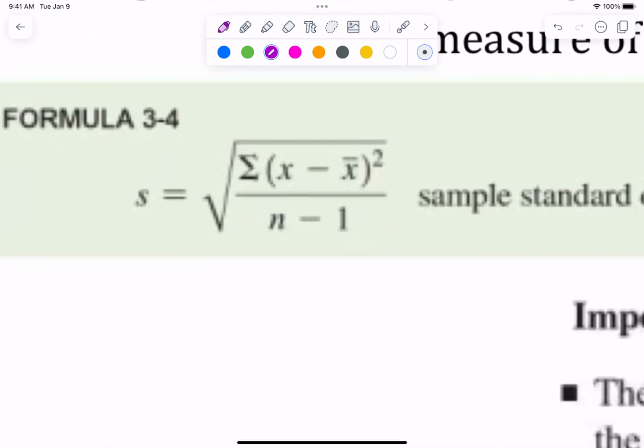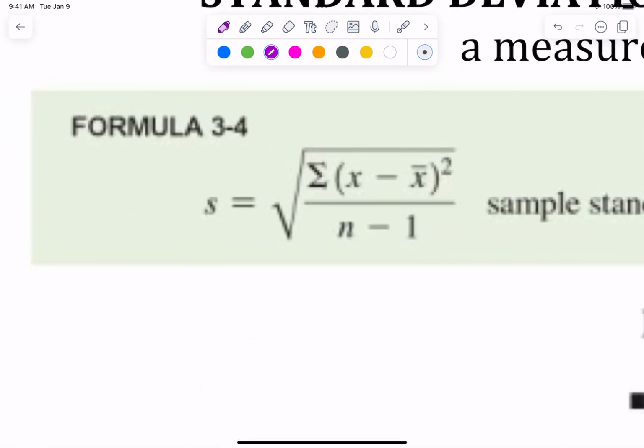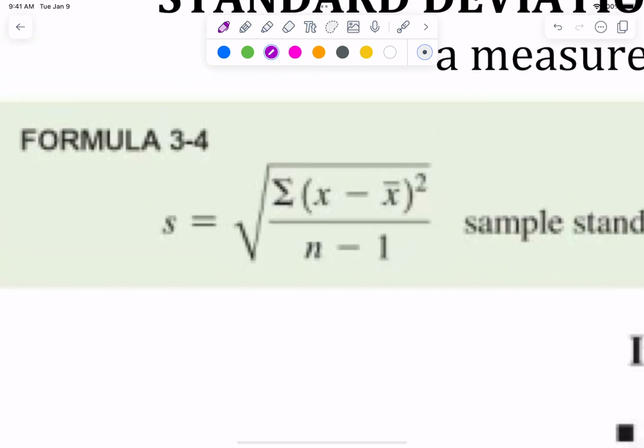Okay? First formula, standard deviation. This is how we calculate it. Standard deviation is S. I'm going to write variables in here. Write these down so that you know what this is talking about. We have this guy. What does the Σ mean? The sum. So I'm adding these together.